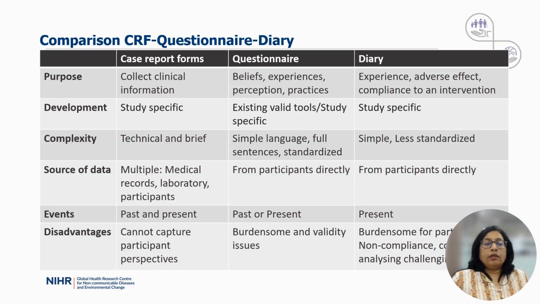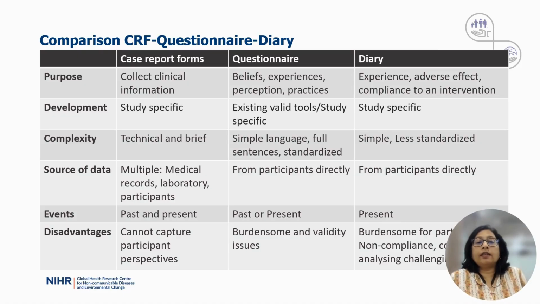There are certain disadvantages, so it is important to know when to use what. Case report forms are very good at capturing facts. They cannot capture participant perspectives. So even in clinical studies, there is a movement that we need to measure participants' perspective about improvement or worsening, and so we have these questionnaires, which we call patient-reported outcome measures, which are commonly being used.